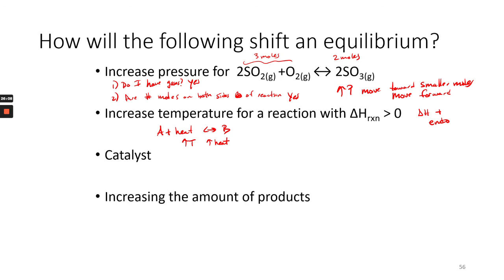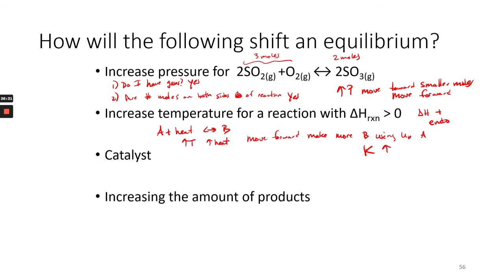Now heat is high, so we're going to move forward, making more B, using up A. And what's going to happen to my K? If I make more B, my products are higher, so K will increase.